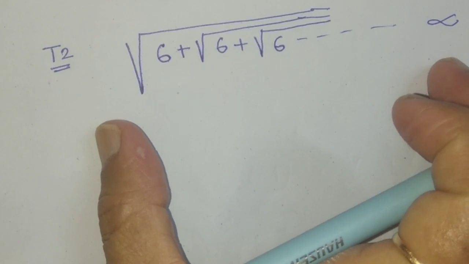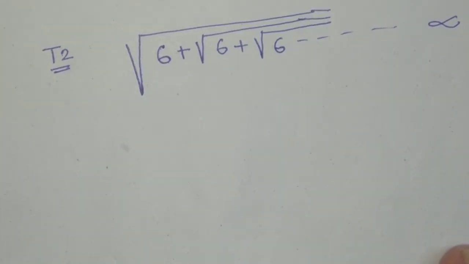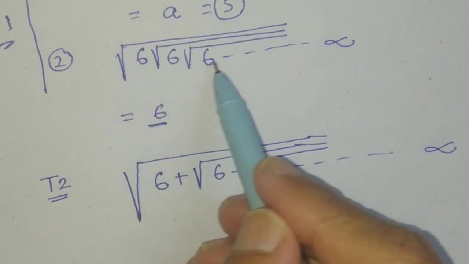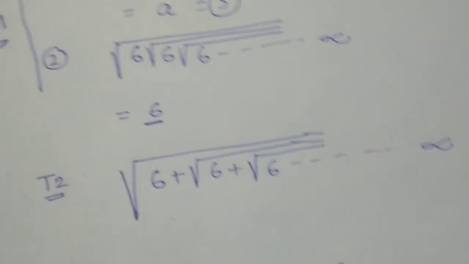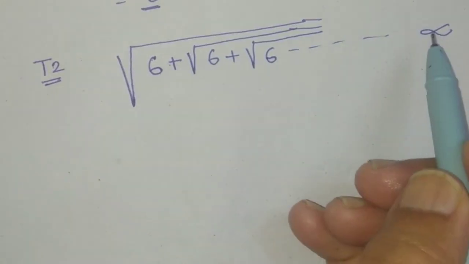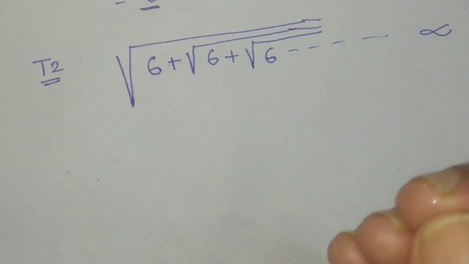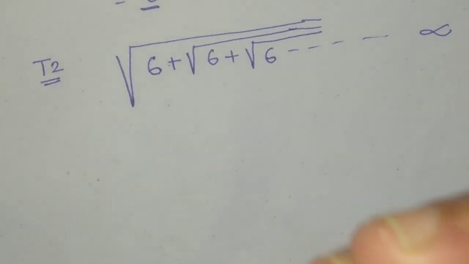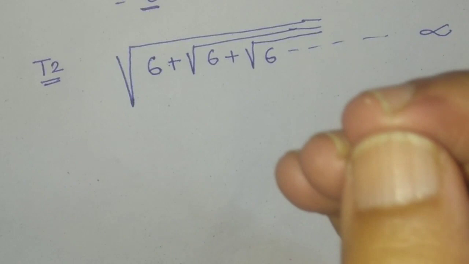So what is its answer? You can see easily here all are the product, but here the plus sign is here. You can answer within a few seconds. Just you have to remember the tricks. What is the trick?